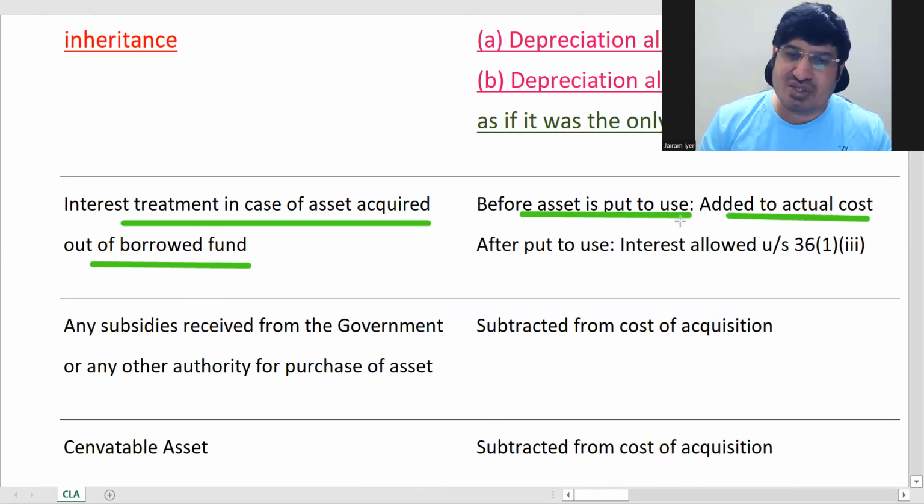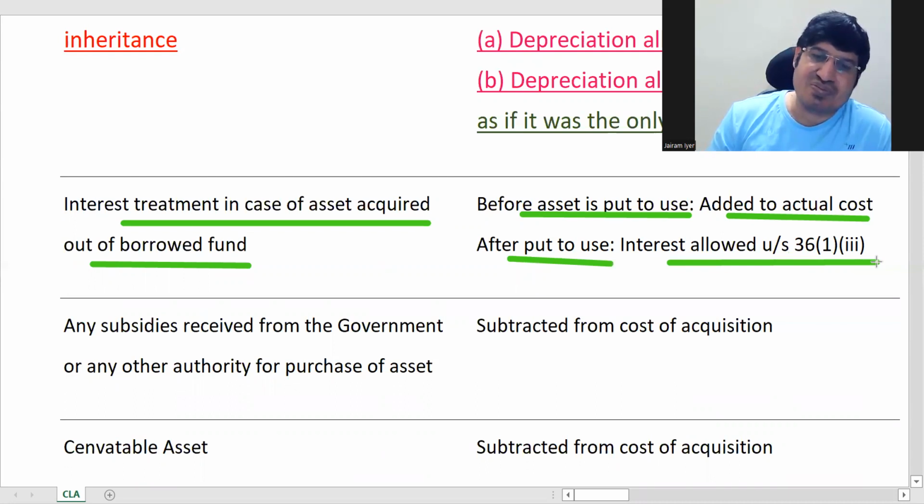Whatever interest you are paying before it is put to use will be added to actual cost. After it is put to use, you can directly debit it to your P&L. It is allowed, interest is an allowable expense. So before the asset is put to use, you have to add it to actual cost, and after it is put to use, you will directly get deduction.